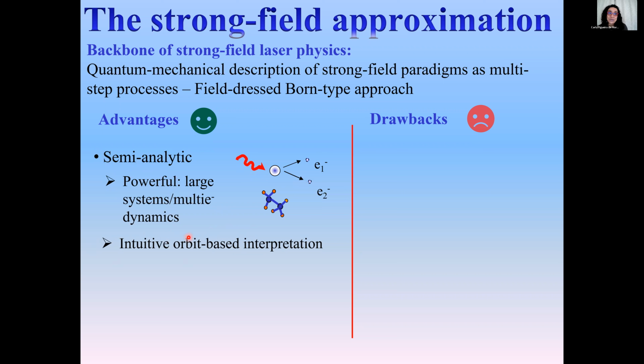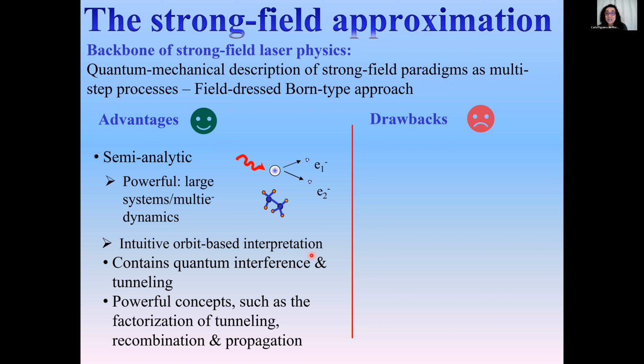You have this intuitive orbit-based interpretation, which is also very positive. You have quantum interference and you have tunneling. And there are some powerful concepts there, which is factorization of tunneling, recombination, and propagation. This means that you can factorize a process, in principle, depending on the situation you are dealing with, into tunneling, propagation, and recombination, and these are factors in your transition amplitude.